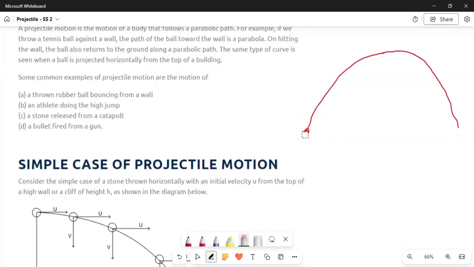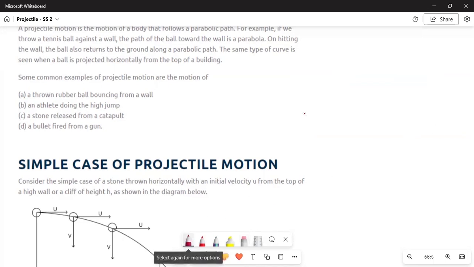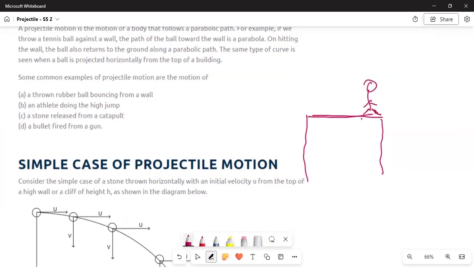But before we look at this, let's look at a simple case of projectile motion, that is for an object that is falling from a height. Now, if this is a platform, and somebody is standing on that platform, and then the person kicks a ball or any object with an initial velocity.